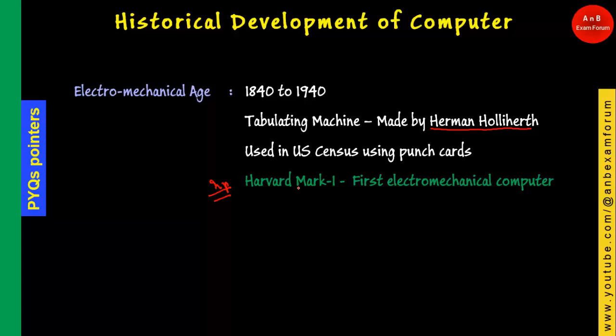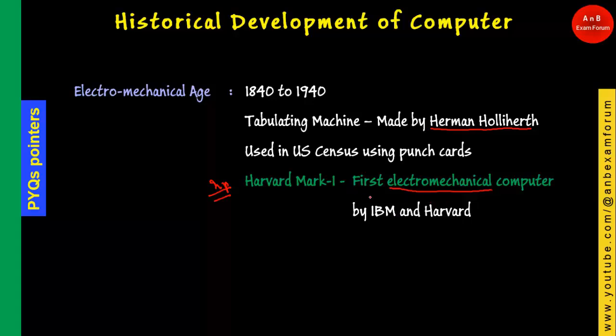So remember, I am not talking about the first computer, I am talking about the first electromechanical computer. It is Harvard Mark 1, and it was designed by IBM, International Business Machines, and Harvard University. Harvard and IBM.